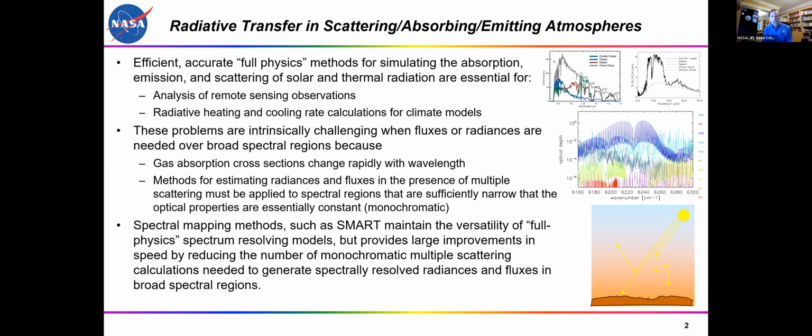In a typical model, you generate those properties on a high resolution spectral grid that completely resolves their spectral dependence, and then do a radiative transfer calculation at each of those grid points.